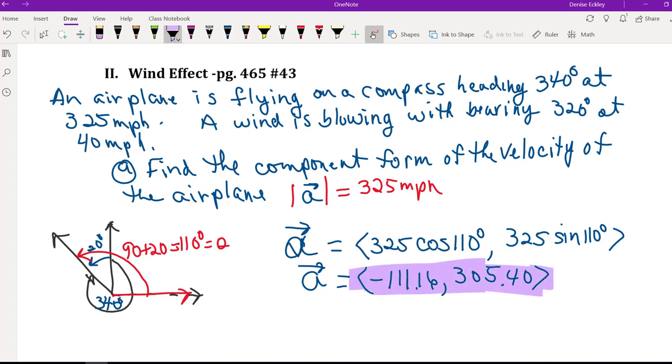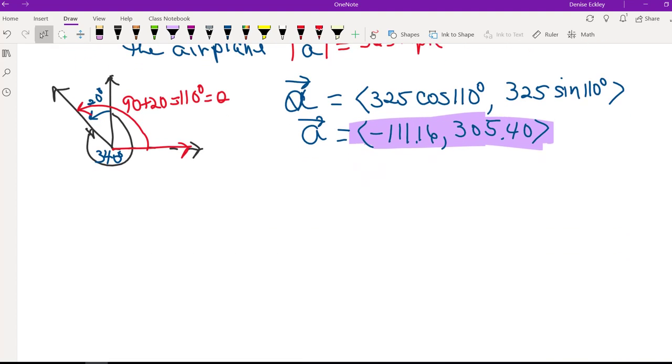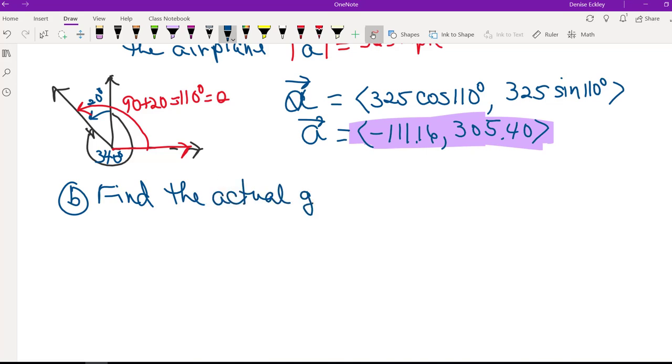So from an airplane's point of view, that's what's going on in the cockpit. So now in part B, we want to find the actual ground speed and direction of the plane.